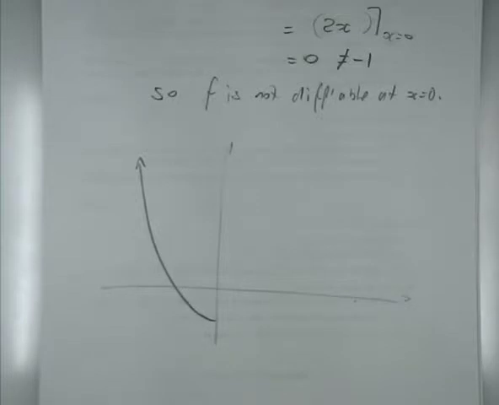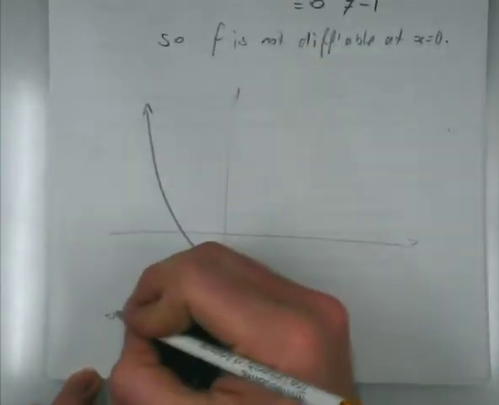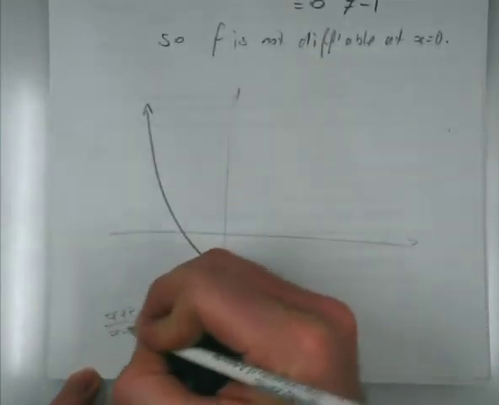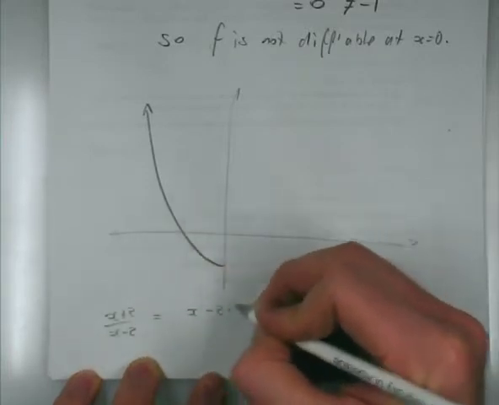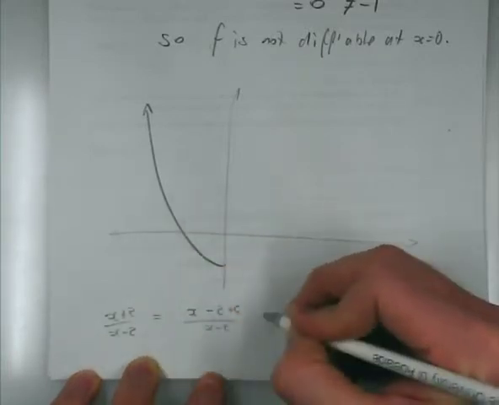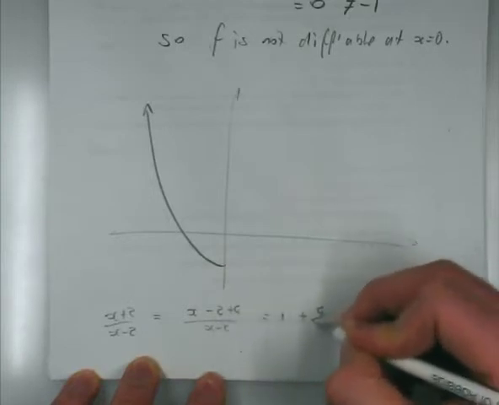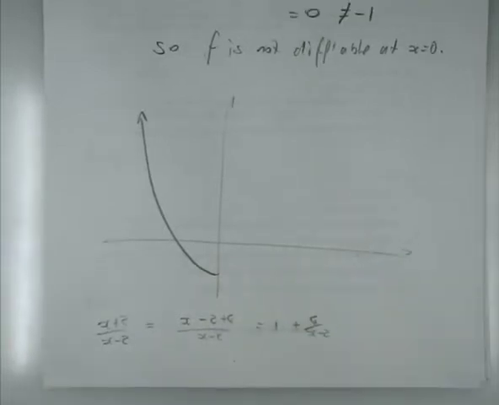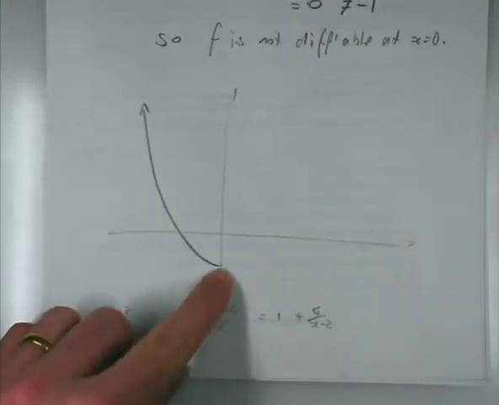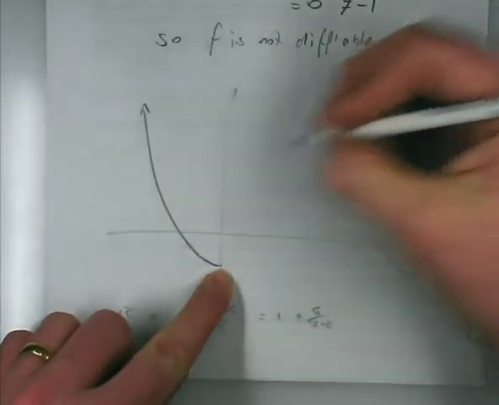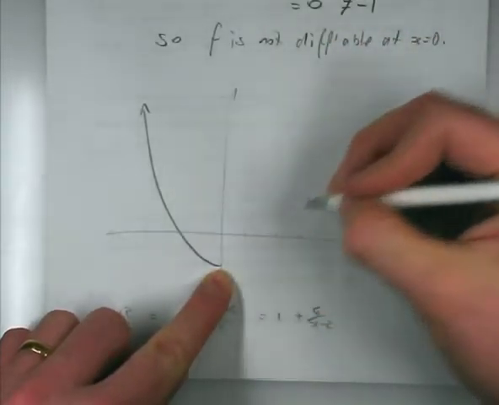Just give me a second. Awesome. So it comes to minus 1 and it has its asymptote at 2, doesn't it?